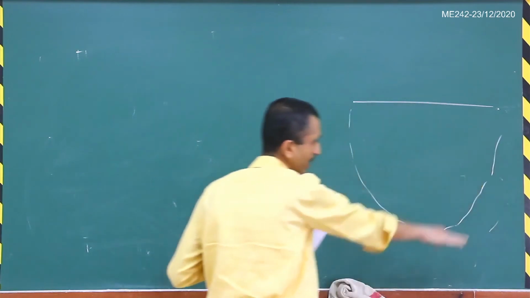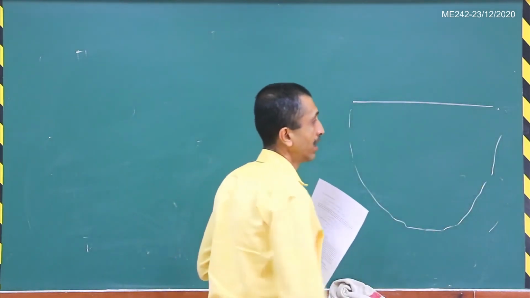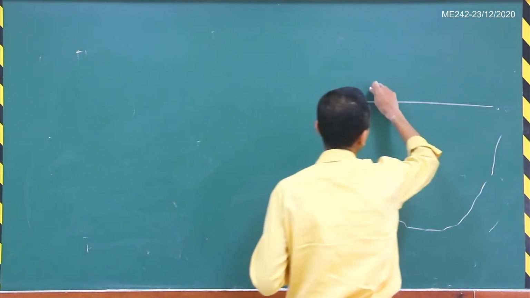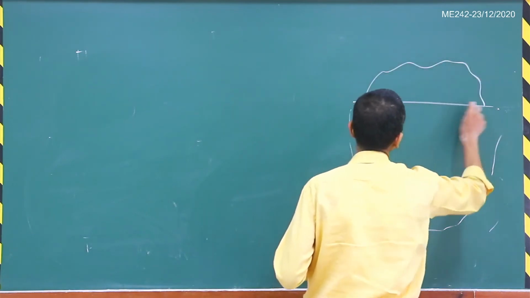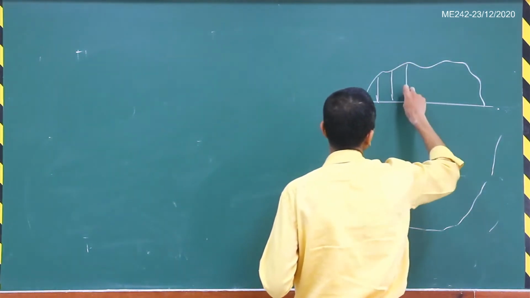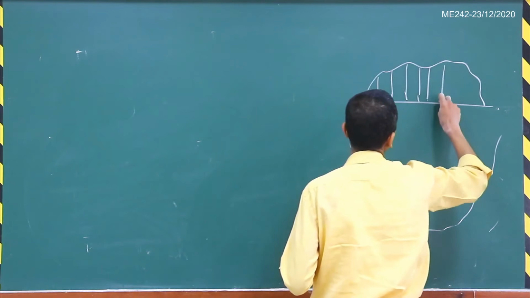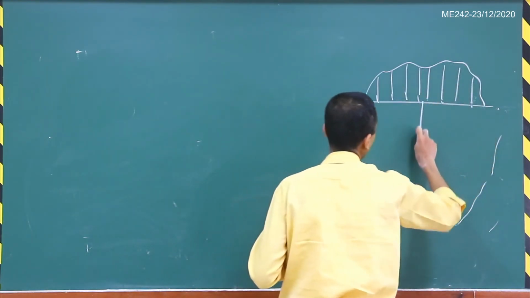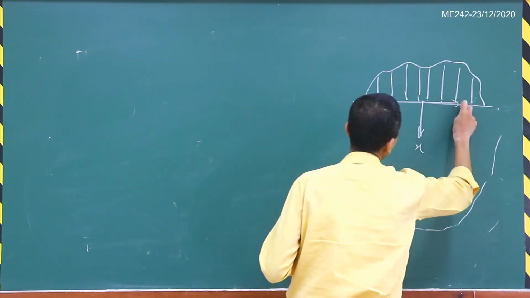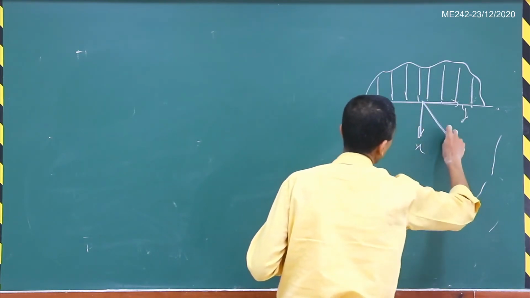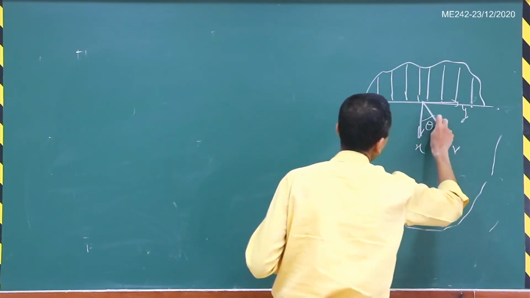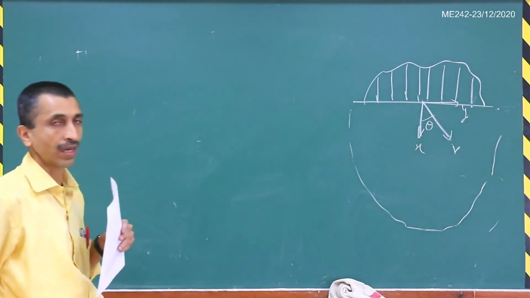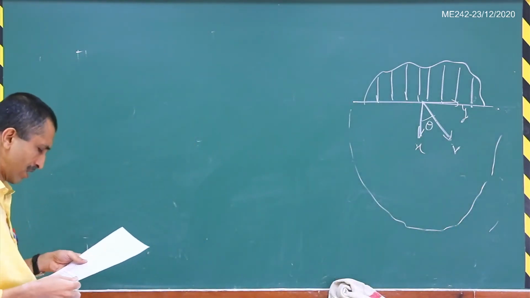It's extending to infinity in this direction, and then there is some loading here. Imagine that there is some traction load acting on this particular surface. So this is your x, this is your y, this is your r, and this is your theta. So this is the setup that we have here.